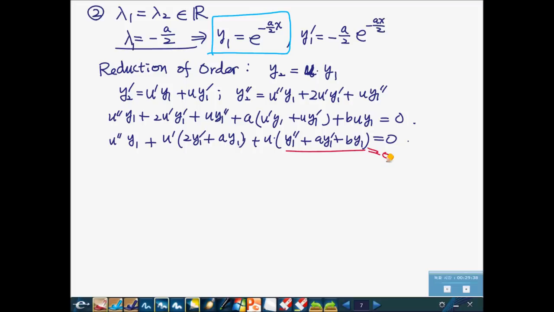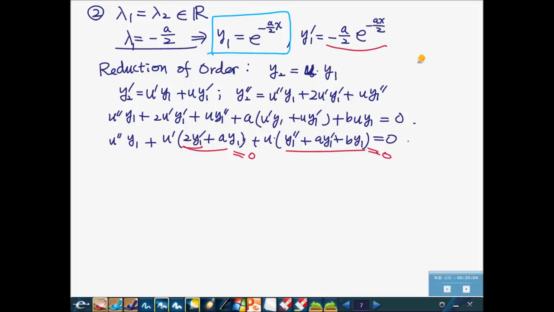And then, wow, we're getting into trouble. This one we don't know. But luckily, for the homogeneous linear constant coefficient type, this one is 0 also. Why? 2 times y1 prime is this, and that is a times y1 with opposite sign.